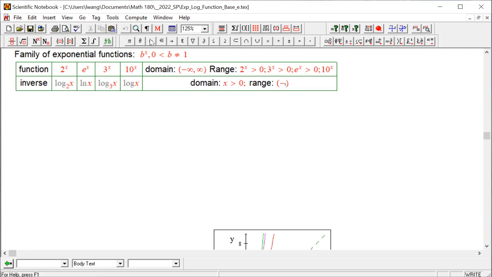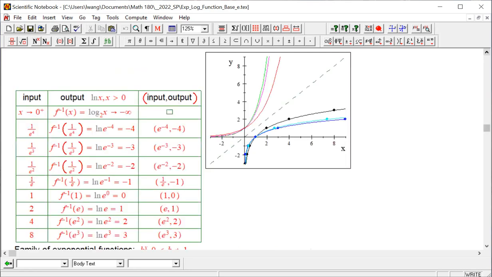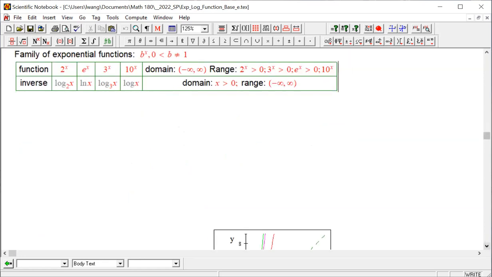So one's domain is the other's range. And we also saw in the picture that they have symmetry about the line y equals x. So we have looked at all of these interesting properties and seen the commonalities and different features.